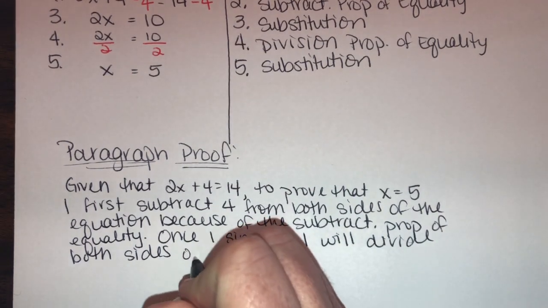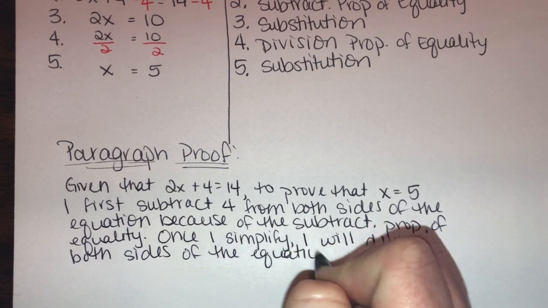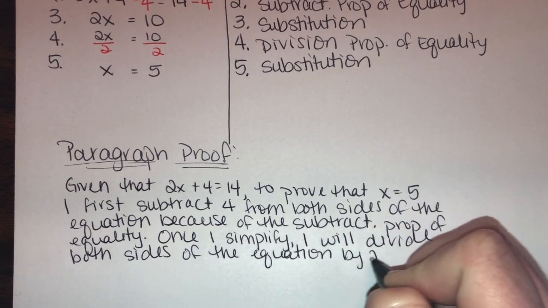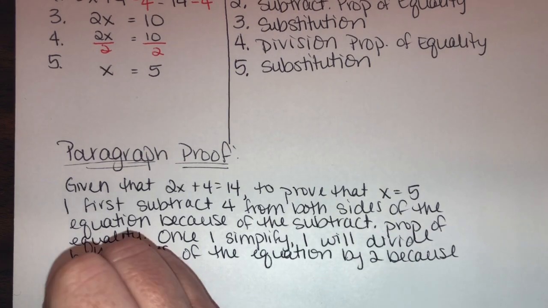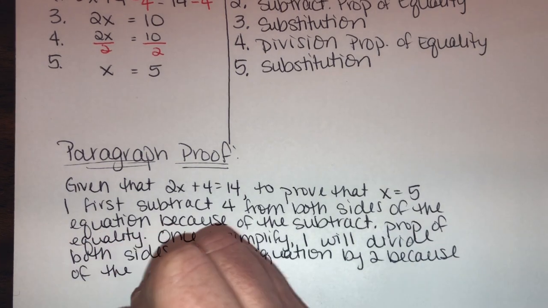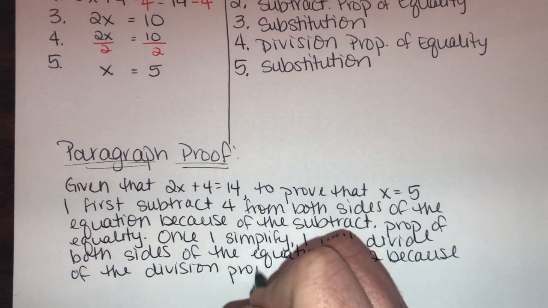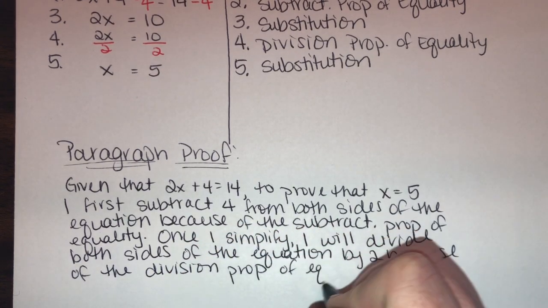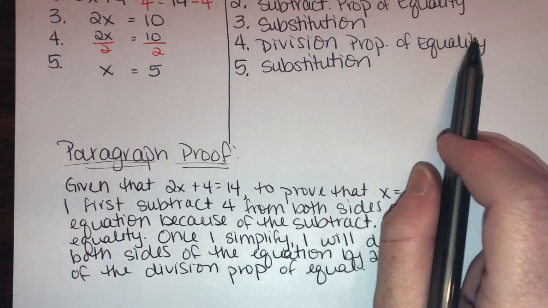Both sides of the equation by 2 because of the division property of equality. Again, I'm abbreviating just for the sake of time, but please, when you're writing out your answers for me, don't abbreviate.